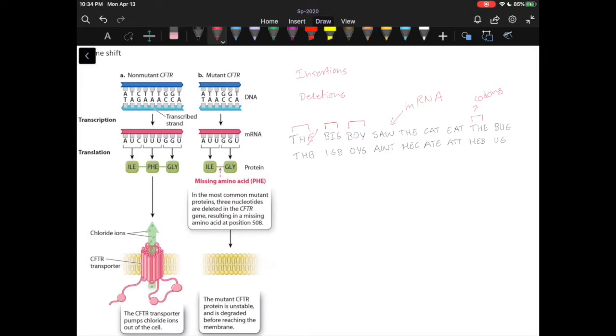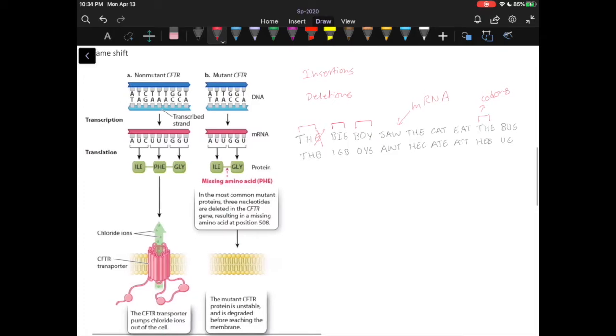However, if we take out the E right here, that results in a frameshift, meaning that we're still going to have these letters be grouped into threes. But because of that deletion, the mRNA or the sentence won't make sense, right?